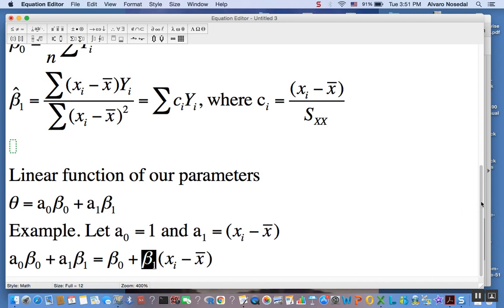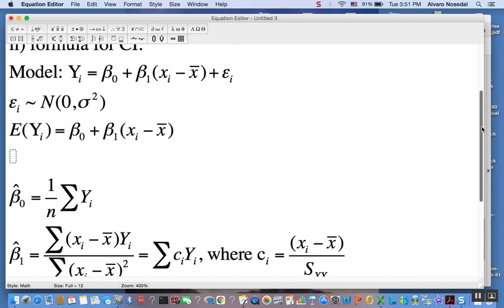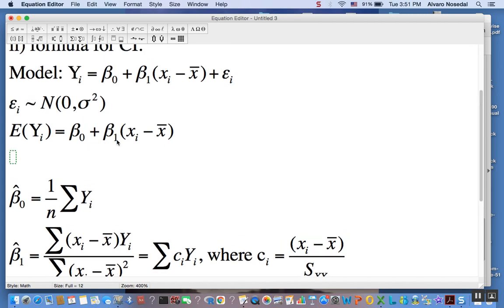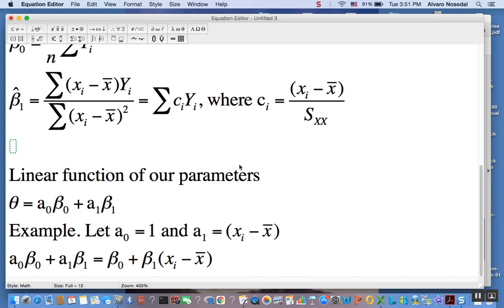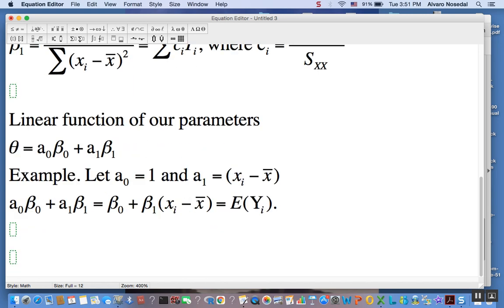But if we go back to our assumptions, guess what? That's a linear function of our parameters, and it's the expected value of yi. So can you see that we might be interested in such functions of our parameters? Okay, so let's keep going.